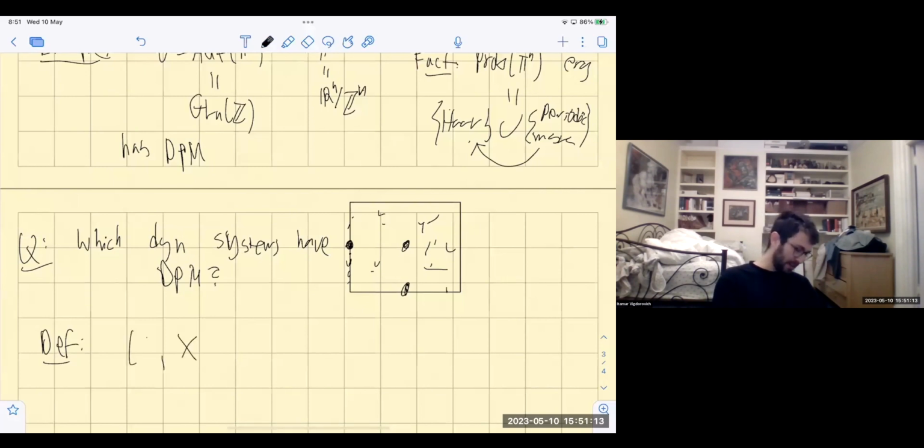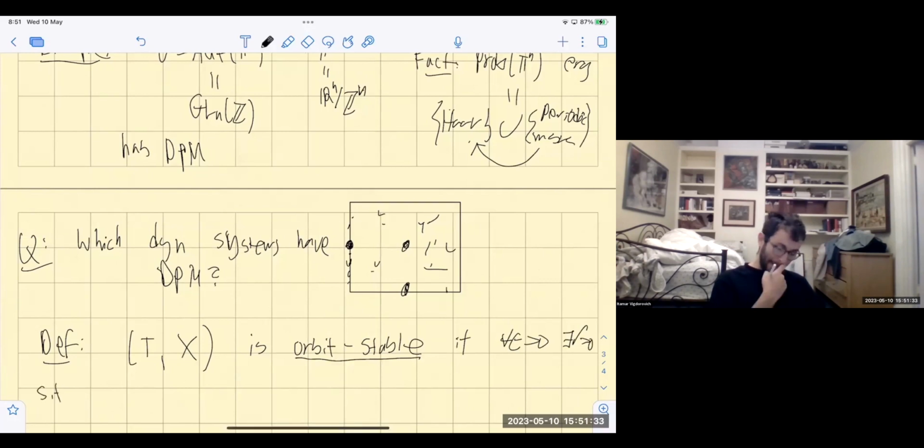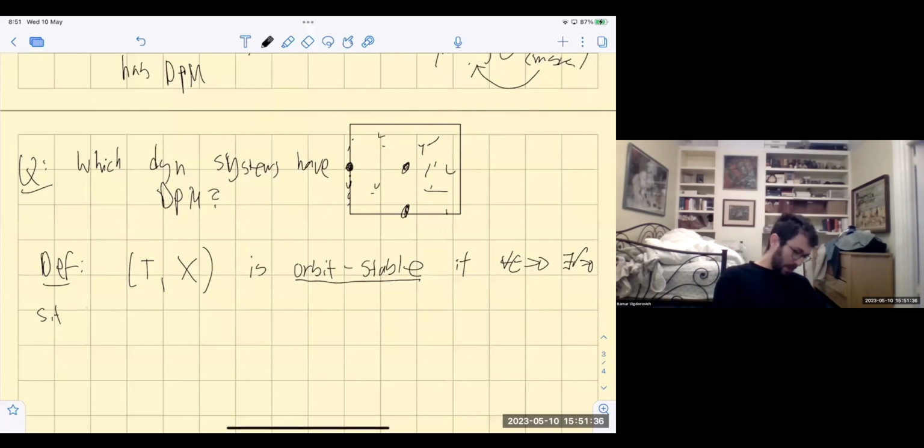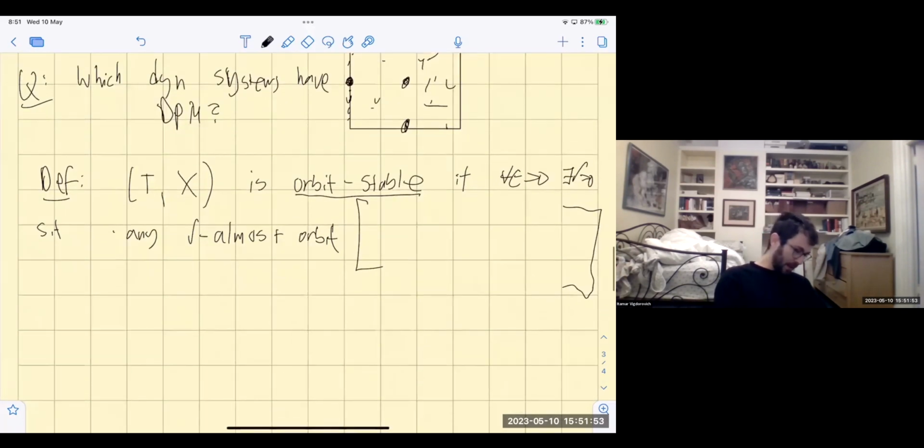Let's just take X and this T, this homeomorphism of X. I say this is orbit stable if for all epsilon there exists delta such that any delta almost orbit, and I'll explain what I mean by that in a second, is epsilon close to an actual orbit.